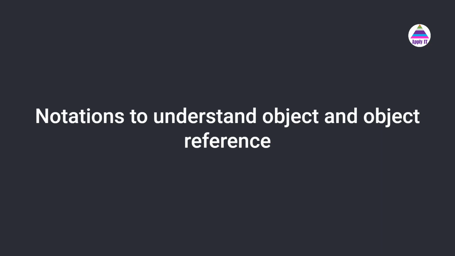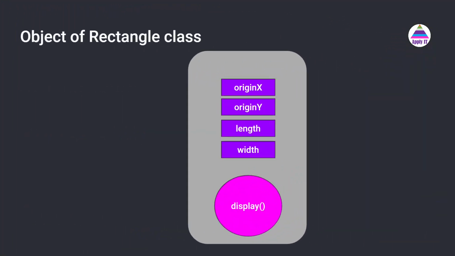So these notations are just to understand the concept that we are discussing. An object of the rectangle class could be represented like this. It has these four data members, where origin x and origin y come from the base class, and length and width are the data members of the rectangle class itself. And this display is an implementation of the display method, which is abstract in the base class.